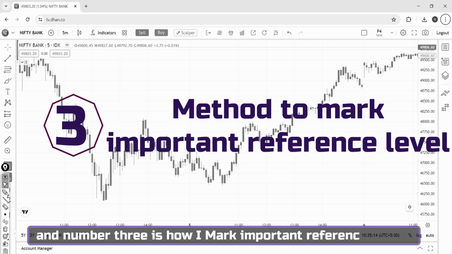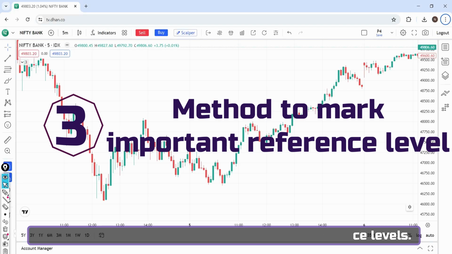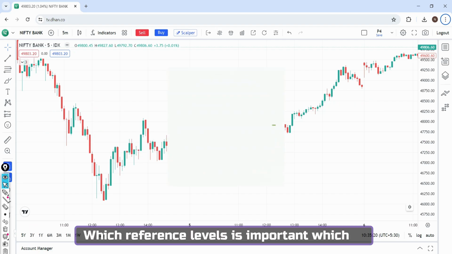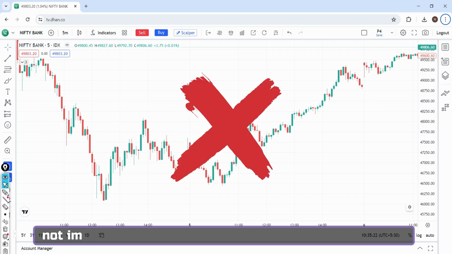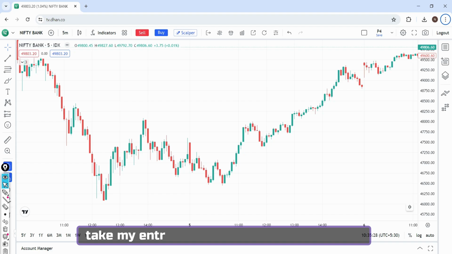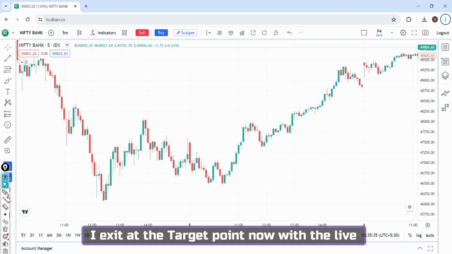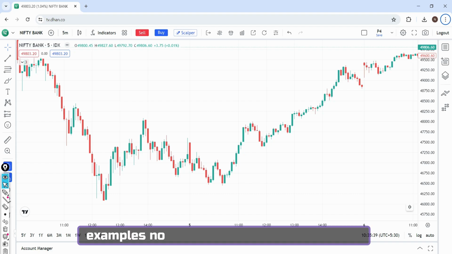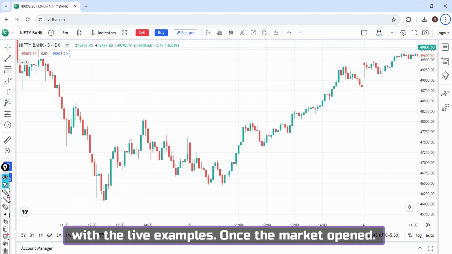Number three is how I mark important reference levels, which reference levels are important, which are not important. And number four is about how I take my entry, how I place my stop loss, how I exit at the target point. Now with live examples, not only aftermarket storytelling, with live examples.